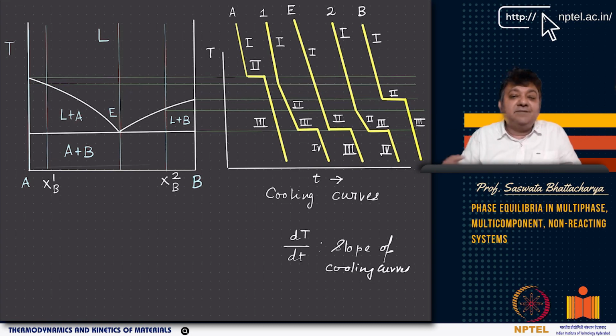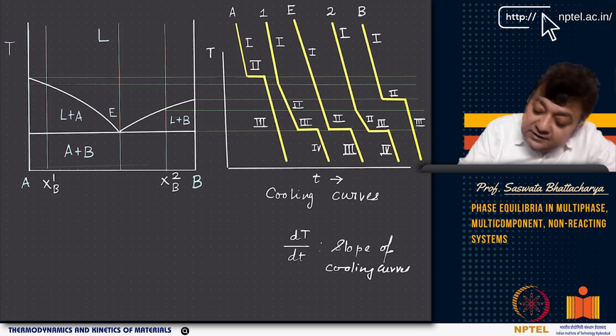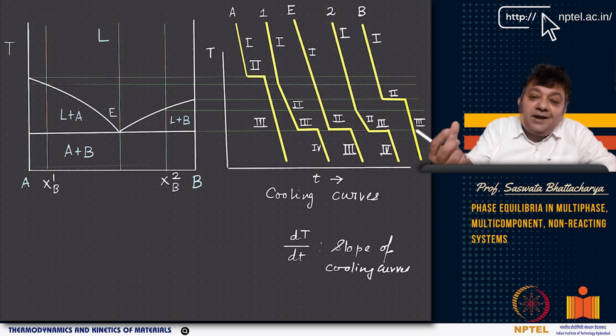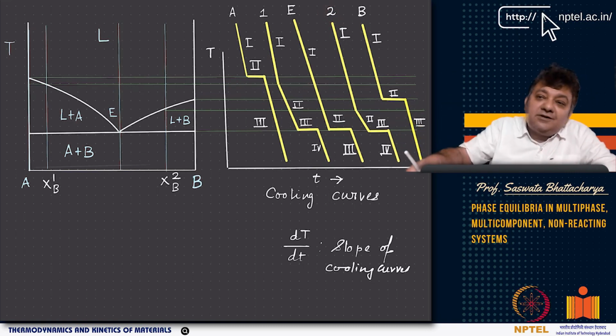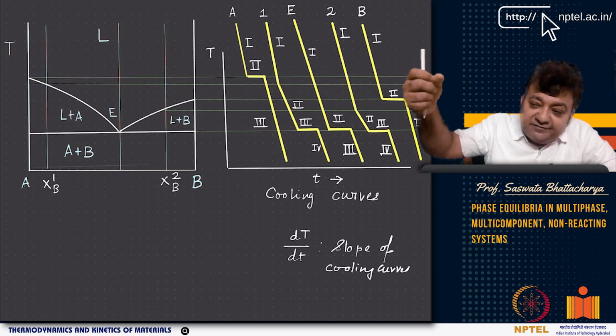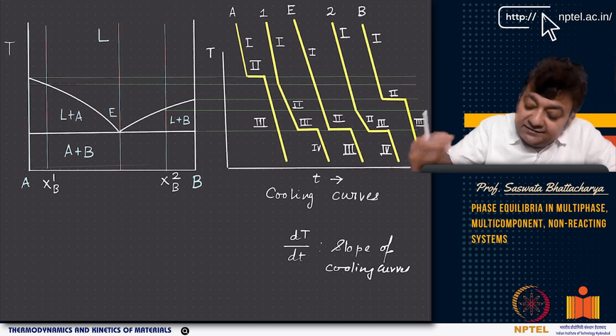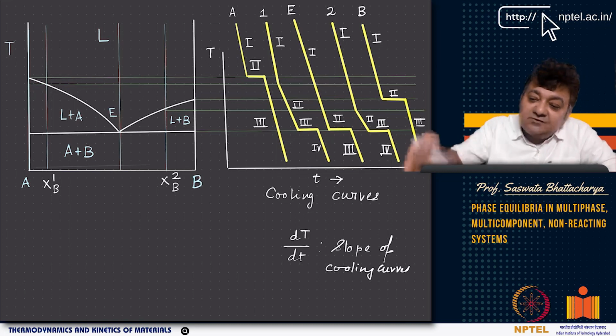You are basically making buttons of different compositions, like the composition corresponding to pure A or pure B or to point 1 and point 2, and you are melting them, and once you have the melt in a crucible, you are just allowing the melt to freeze at a given cooling rate, as the furnace is getting cooled down.